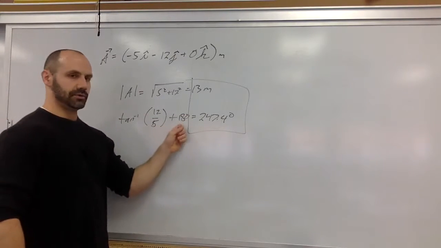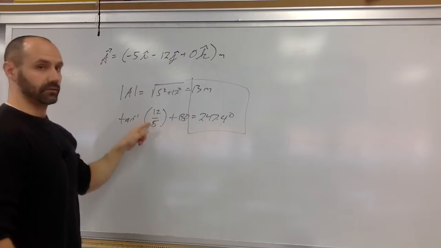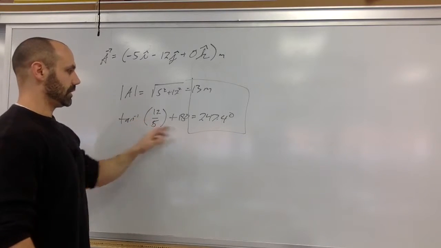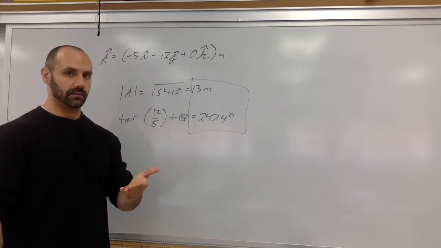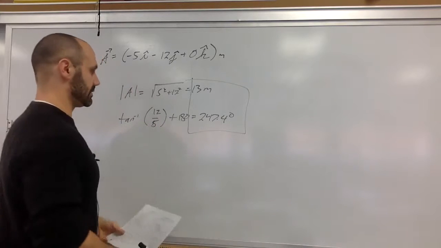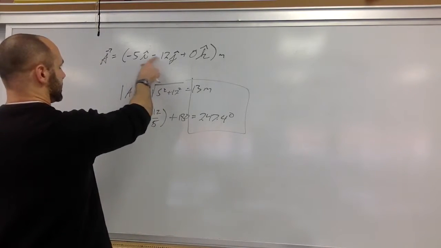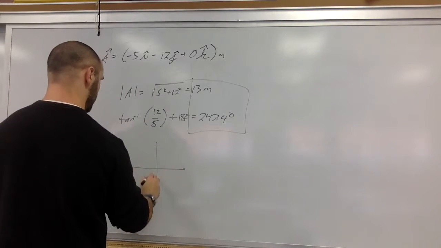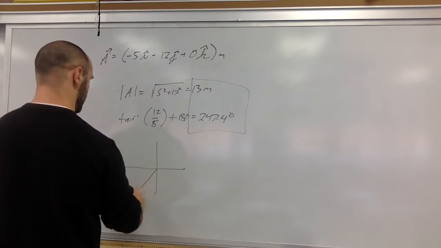Notice I had to add 180 degrees. If you put this into your calculator, 12 over 5, even negative 12 over negative 5, you're not going to get this number. It's because calculators are stupid, and you're not. Okay? Don't rely so heavily on calculators. You've got to use your common sense as well. So why did I add 180 degrees? Well, if I look at this vector, this is negative and negative, so this is over here somewhere, right? Negative 5. So it's going to be something like this.